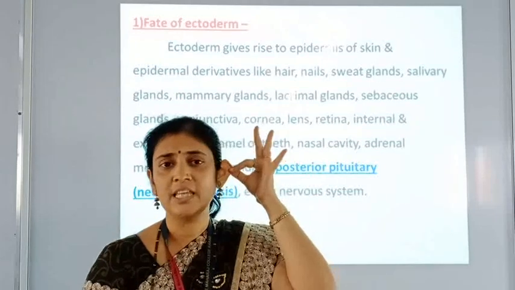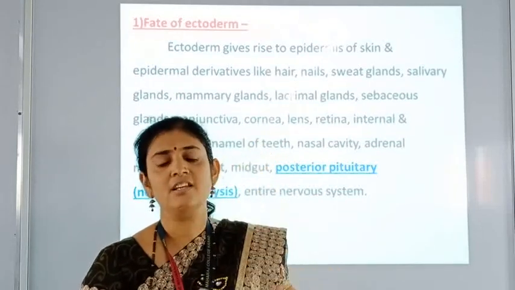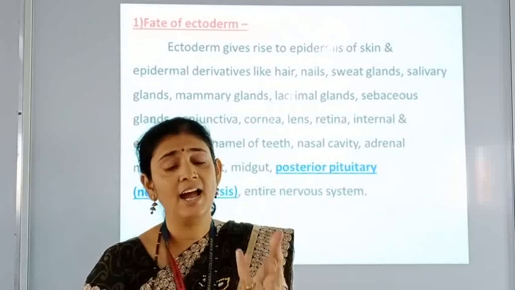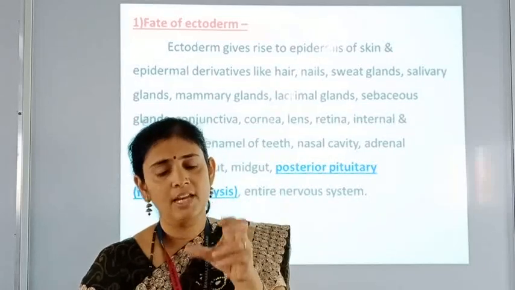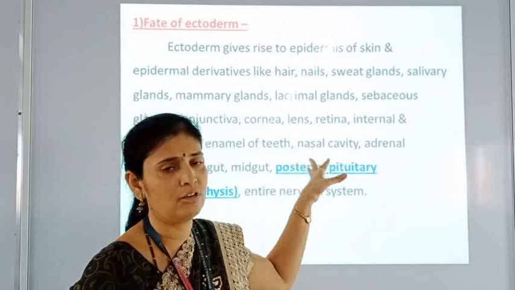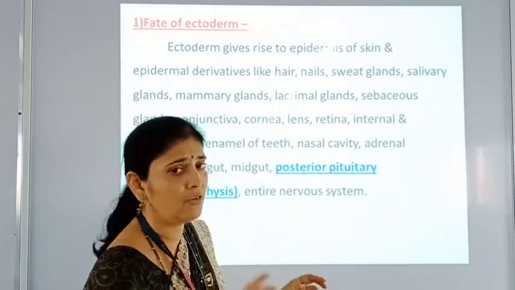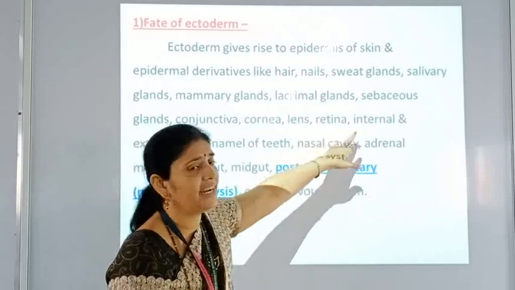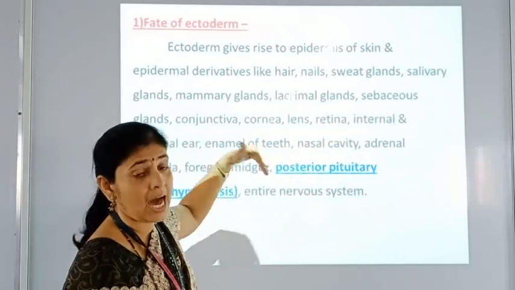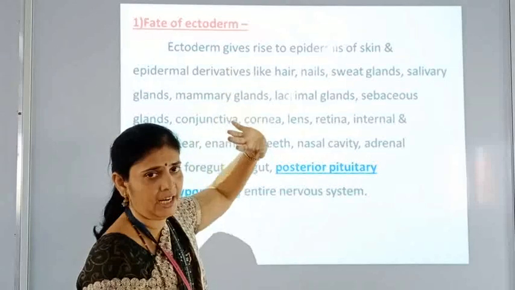Means this external ear pinna and the inner ear consisting of cochlea and vestibular apparatus is formed from the ectoderm. Middle ear is not formed by the ectoderm. So here we have to remember this, only external and internal ear parts are developed from this ectoderm.